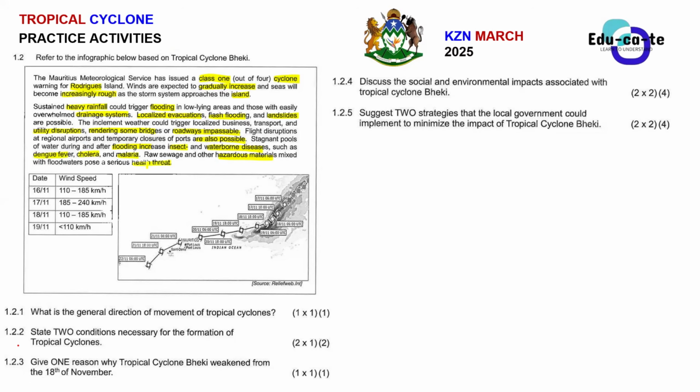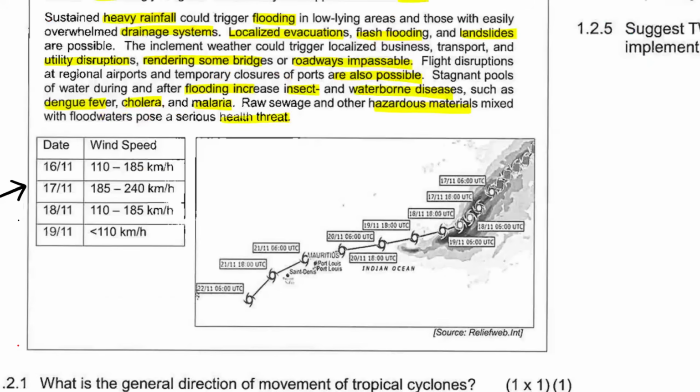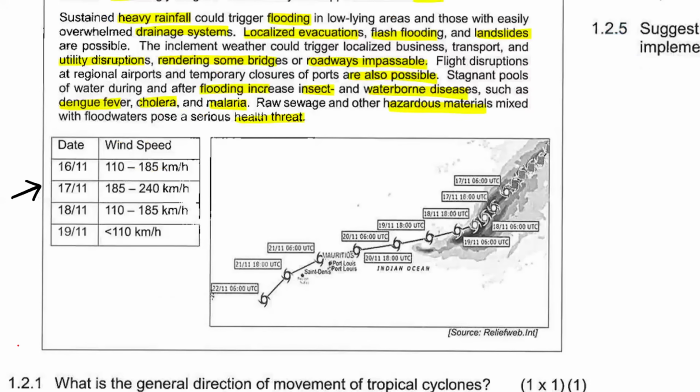And then you are given a table, because this is more like an infographic. This table shows you the dates and also the wind speed. So look at this, guys. The first date provided in the table is 16 November. The wind speed is between 110 and 185 kilometers an hour.